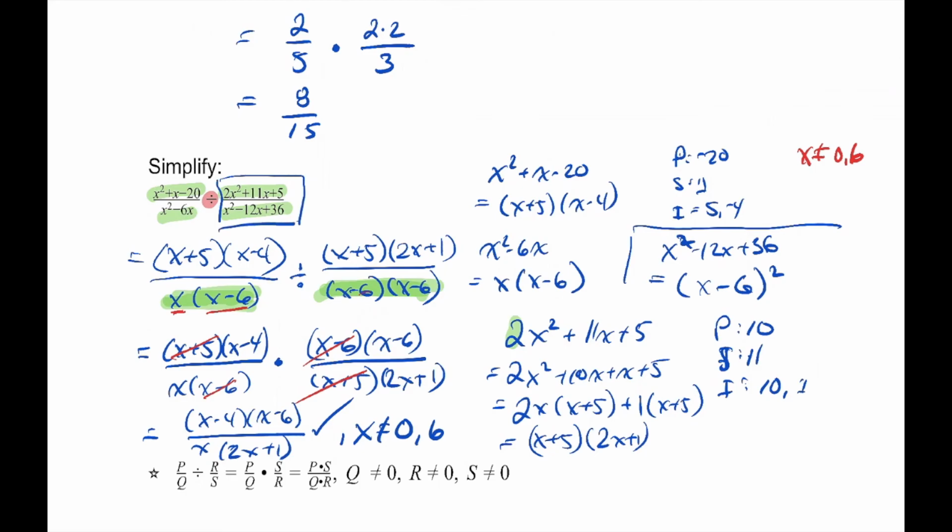divisor cannot be 0. So how could that divisor be 0? Well, that means we also have to look at the numerator of the divisor. Because if that is 0, that means this entire thing is also 0, which means that we're dividing by 0.